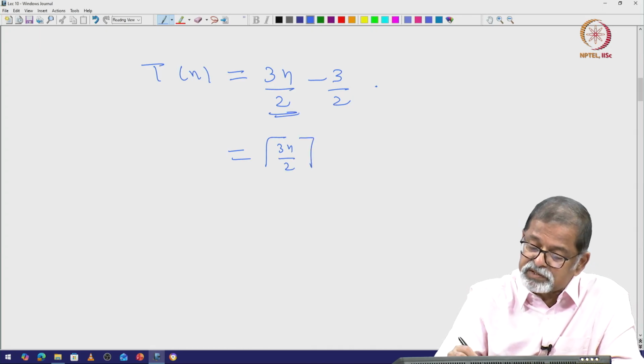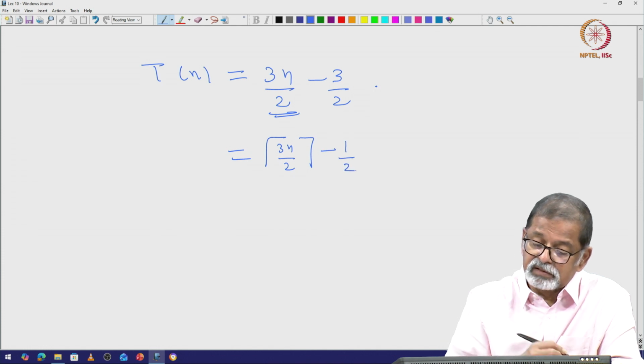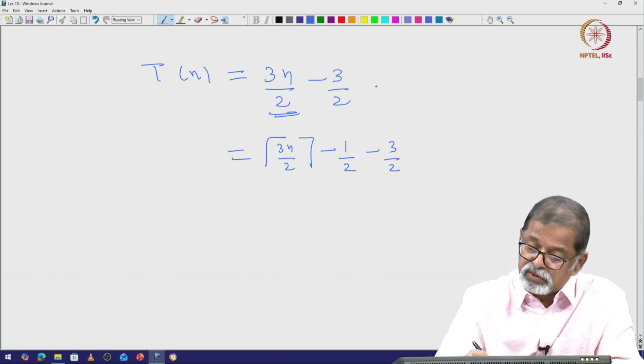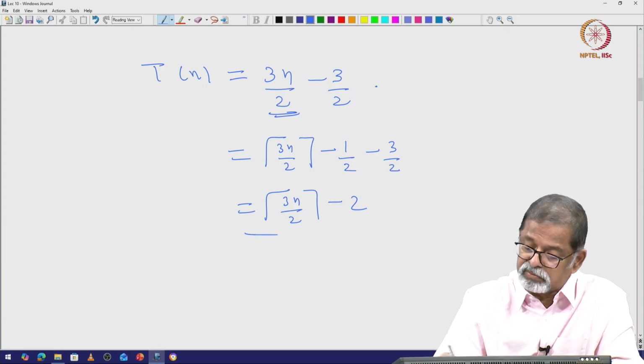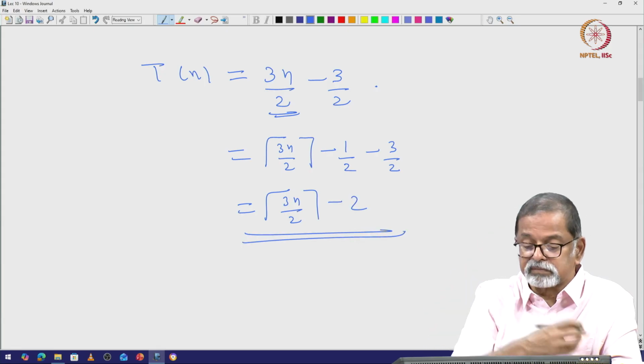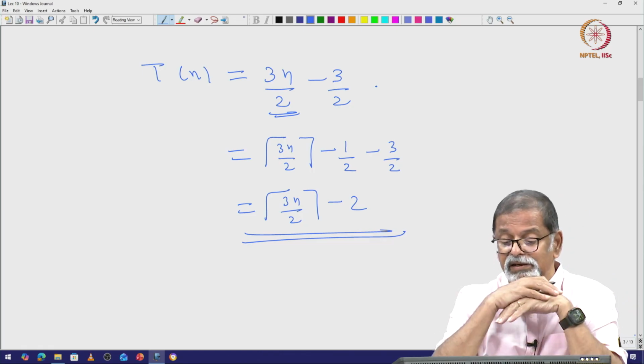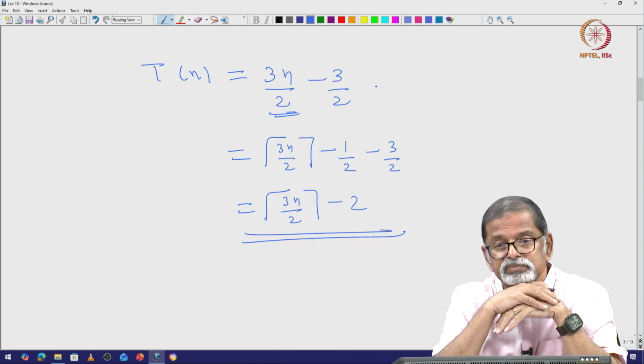So this expression, minus 3 by 2, is exactly equal to CL 3n by 2 minus 2. So T of n is given by CL 3n by 2 minus 2.